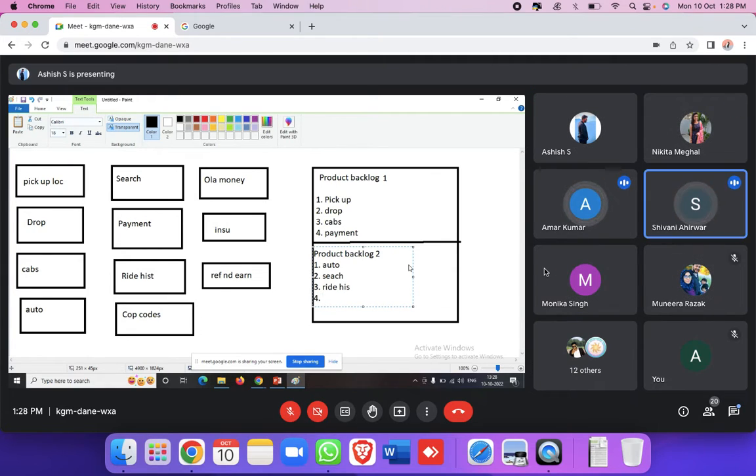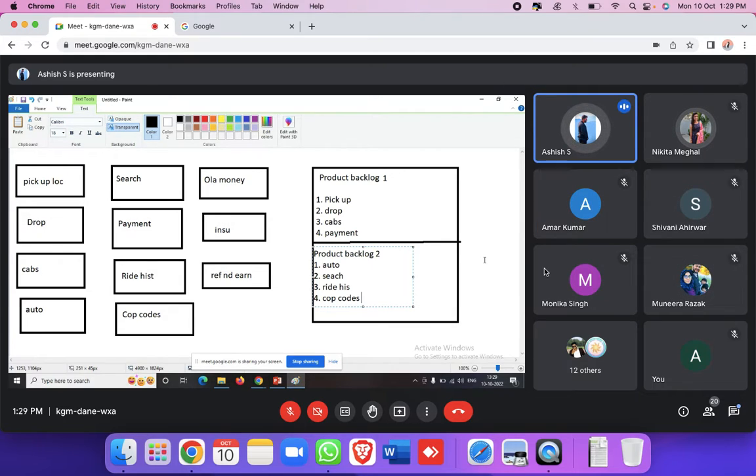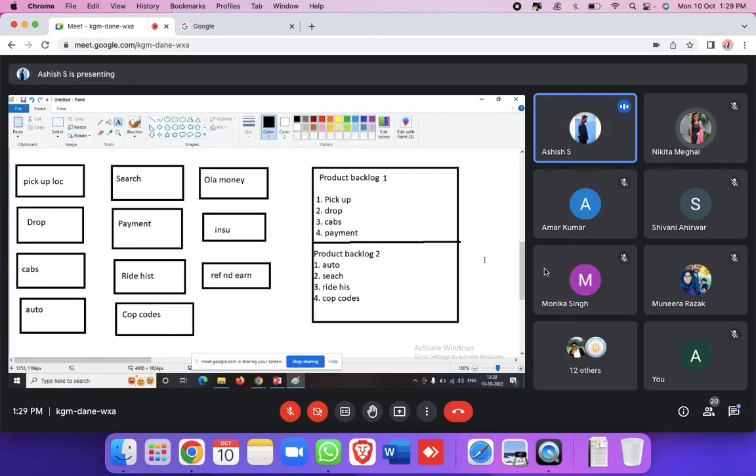Not Ola Money, we'll go with coupon codes. So we want to give discounts, right? That's how we can attract the customers. Now, this is how you prioritize your particular modules and go for the development.